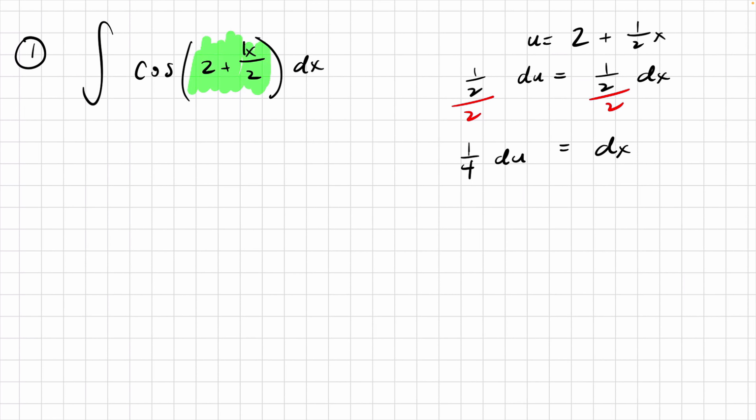Okay. Put everything back in, cosine stays. This becomes u, and now it becomes times 1/4 du. How come we didn't do keep change flip? I did keep change flip. 1/2 divided by 2. Did you divide the 1/2 by 1/2?